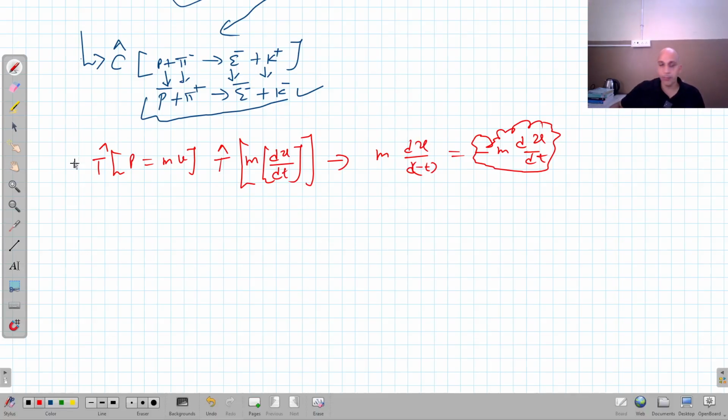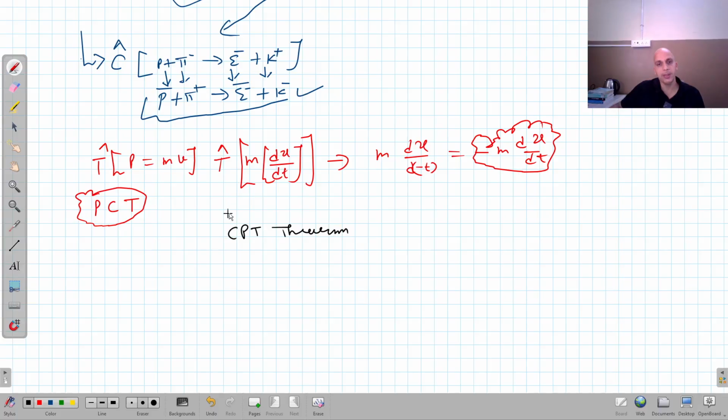Now there is an important theorem related to these three symmetry operations, that is parity, charge conjugation and time reversal. That theorem is known as the CPT theorem, right?